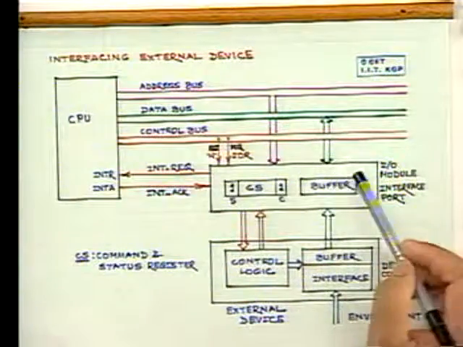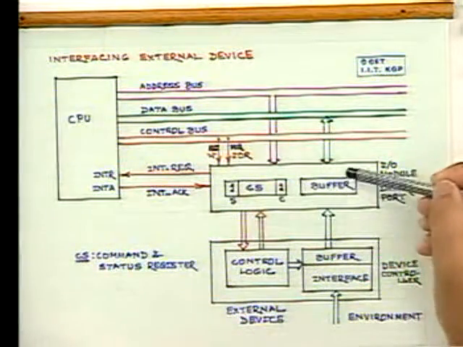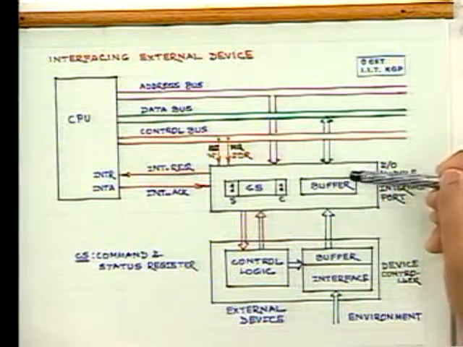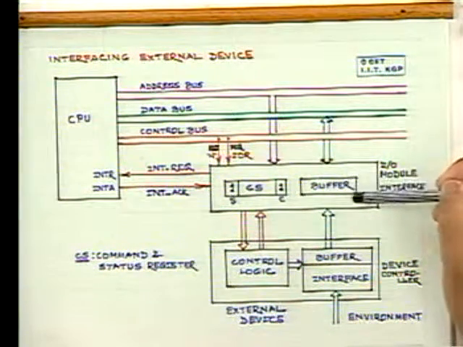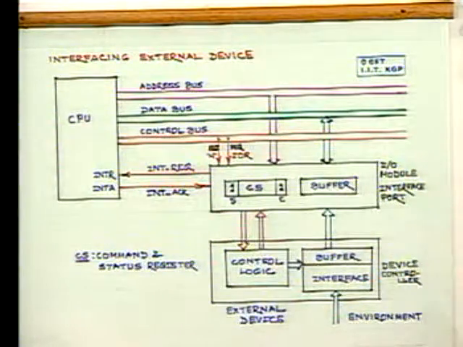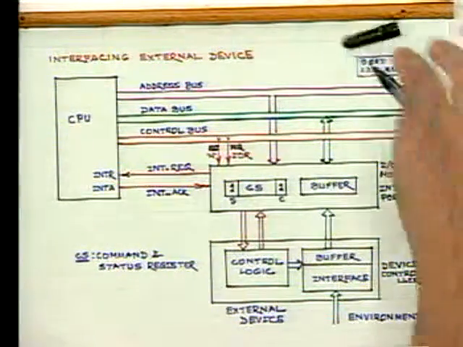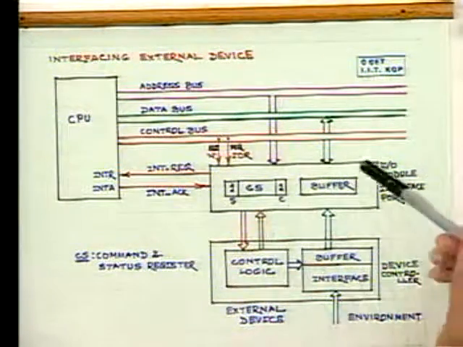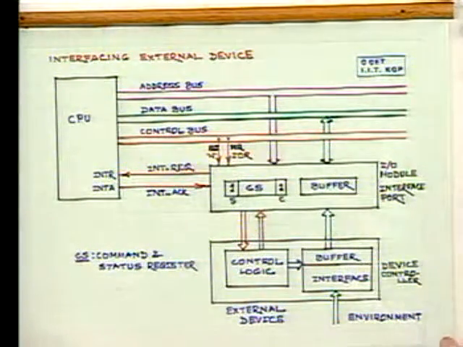That is why sometimes the buffer register, instead of a single word or byte, can be constituted out of many words or bytes, sometimes as big as half a kilobyte or 1 kilobyte. Now that is the third point.